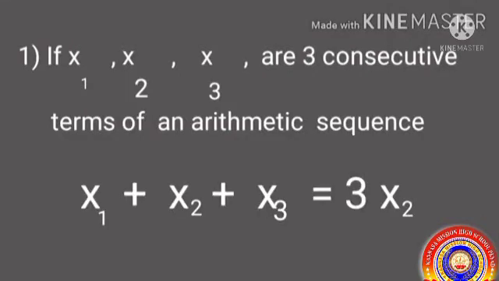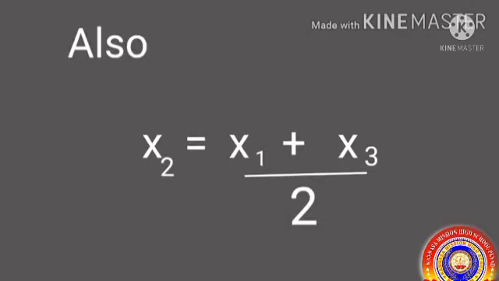If x1, x2, x3 are three consecutive terms of an arithmetic sequence, then x1 plus x2 plus x3 equal to 3x2. Also, we can write x2 equal to (x1 plus x3) by 2.